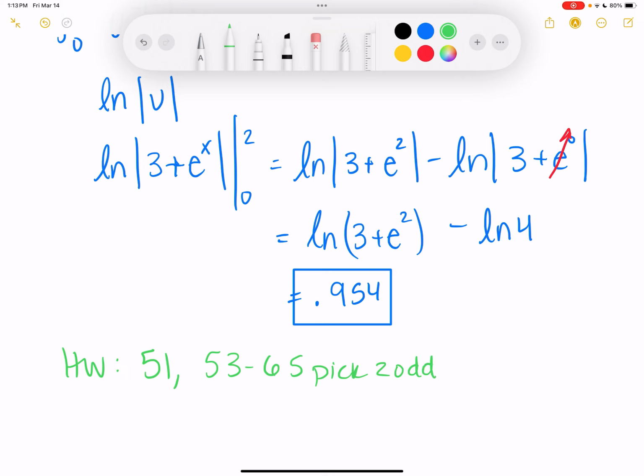Now, you can obviously do more than that if you are so inclined. I wouldn't just do 53 and 55. Obviously, I would choose something a little bit harder than those. But none of them are super duper hard. 61, 63, and 65 are all decimals, just as a fair warning.